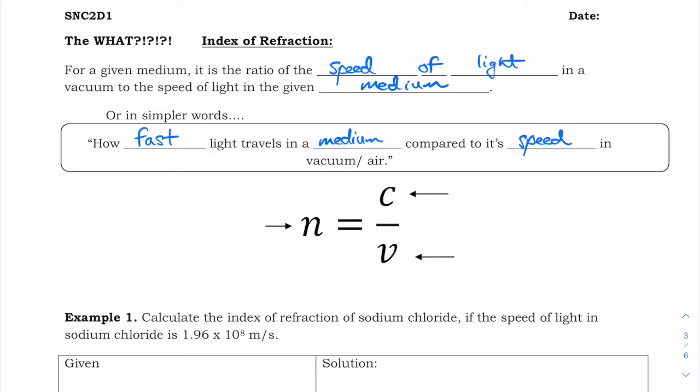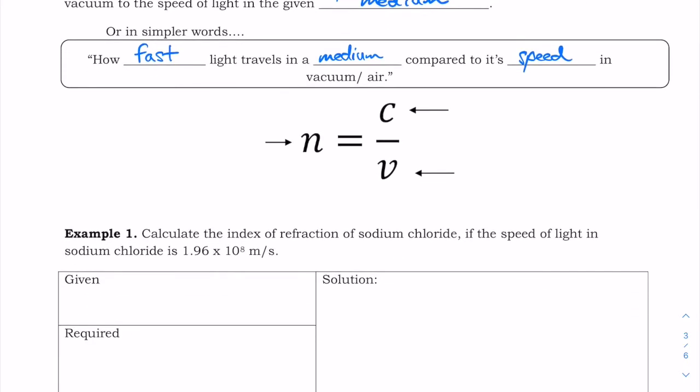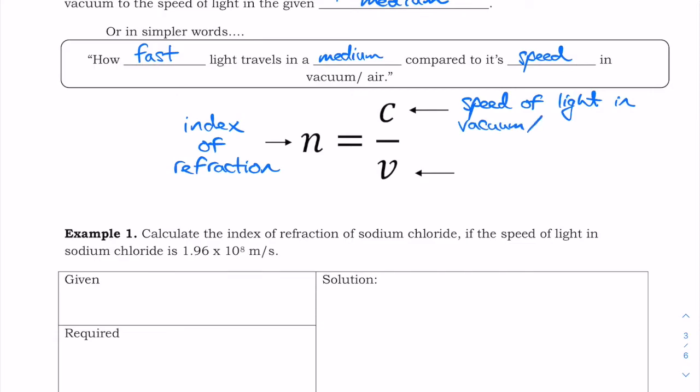And here's the formula that allows us to do this. We use the variable n to represent the index of refraction. So let's label. So n is the index of refraction. And it's equivalent to c, which represents the speed of light in a vacuum or air.